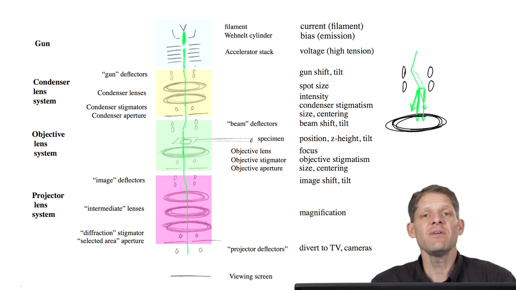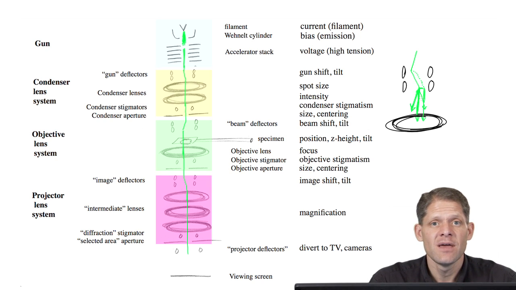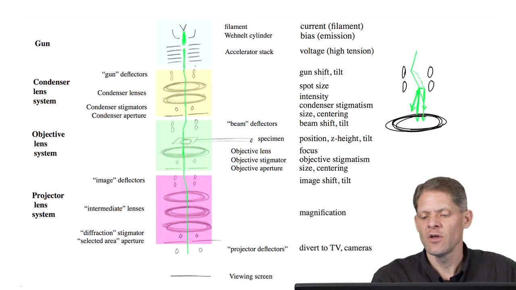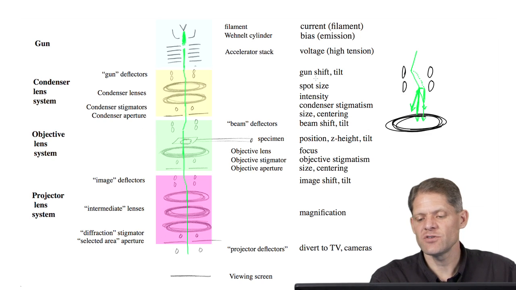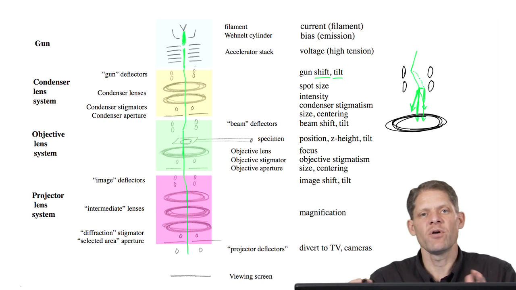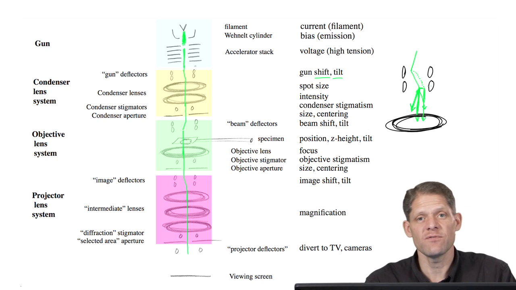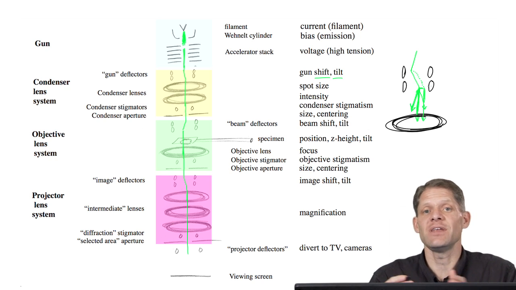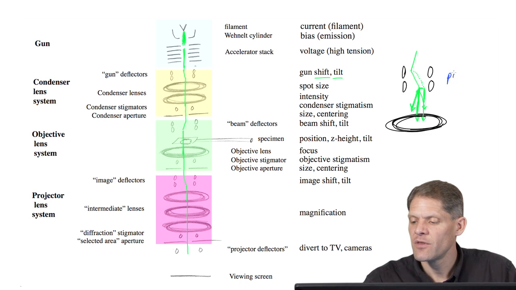And so what the pivot point alignment does is set various parameters that convert your command to deliver a shift or a tilt into changes in the currents in these coils. And the pivot points allow it to deliver a shift without any tilt and a tilt without any shift. And so that's called aligning the pivot points.